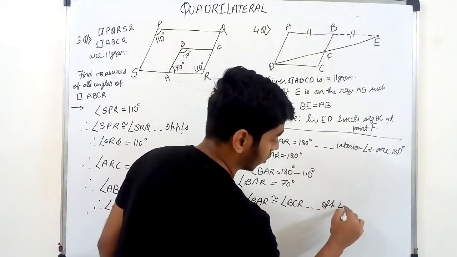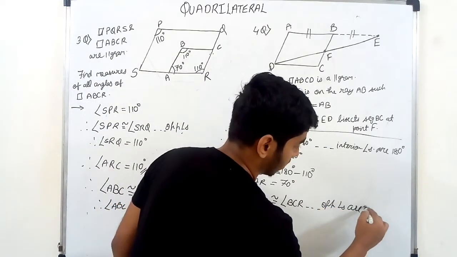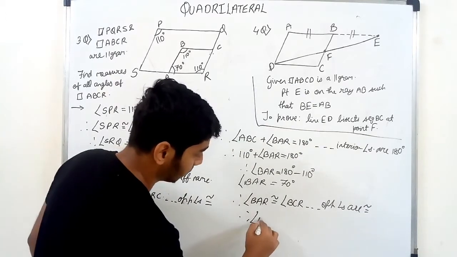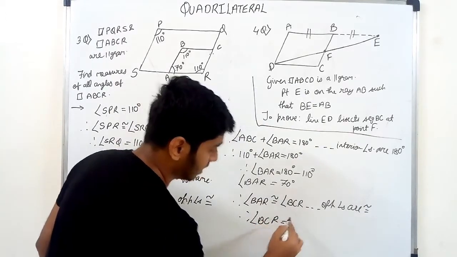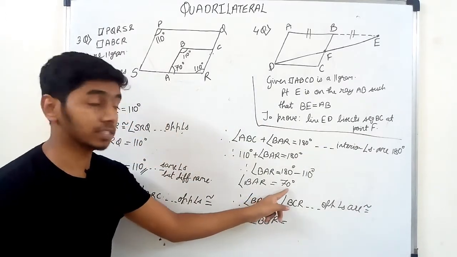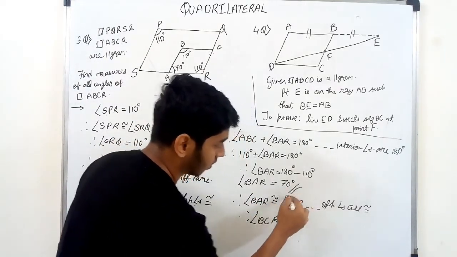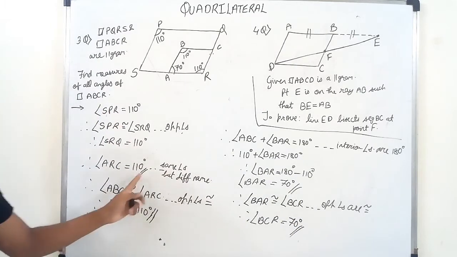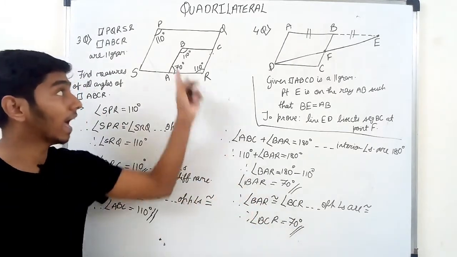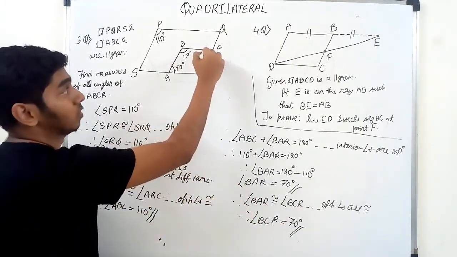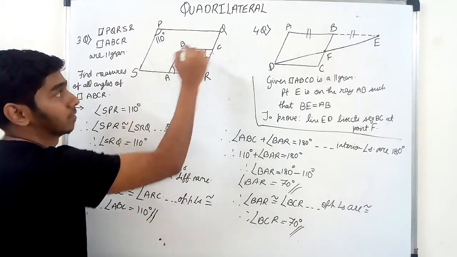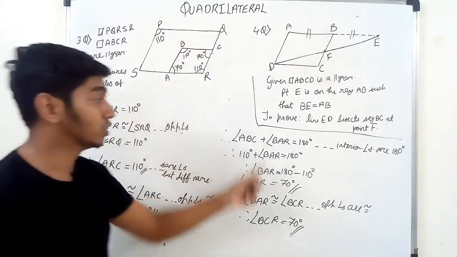So simply write that opposite angles are congruent. Therefore BCR is same as BAR, which is 70. So this will also be 70. Okay. So we have got all four angles. This is also 70. Okay. So I hope you have understood this sum.